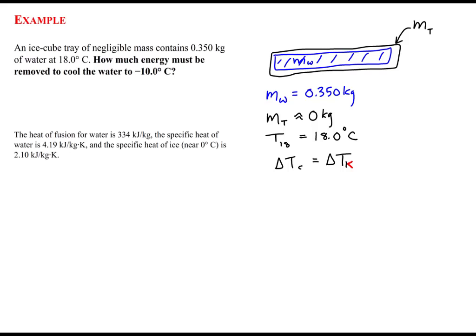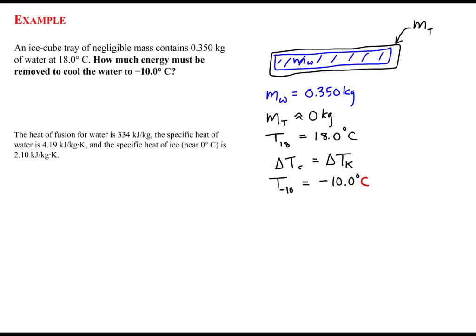Now, we want to end up with the water cooling to minus 10 degrees Celsius. So I'll just signify that as T minus 10 as a reminder of what it is, and this is going to be minus 10 degrees Celsius.